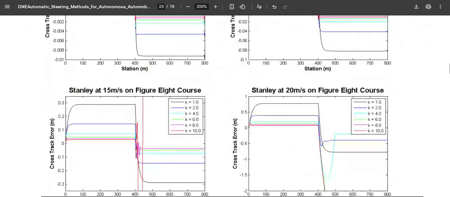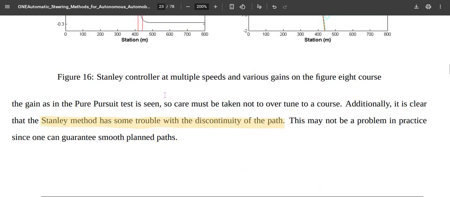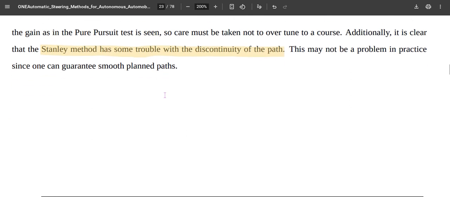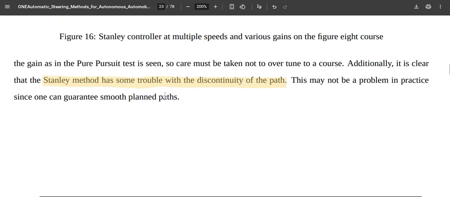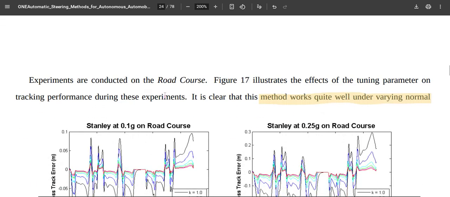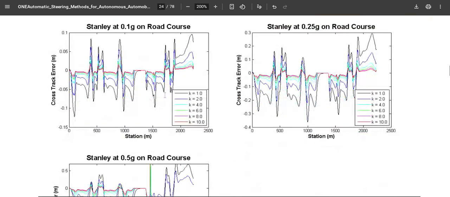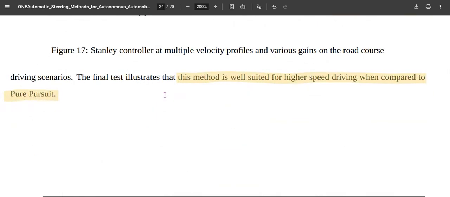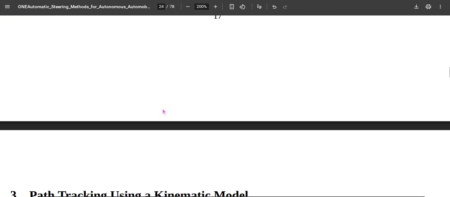But one advantage of this Stanley method is that, despite having some trouble with discontinuities of the path like lane change, it works well under normal conditions, especially at high speed. So this method is more suitable for high speed driving in comparison to pure pursuit.